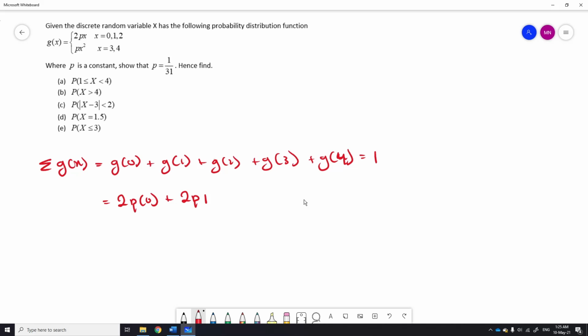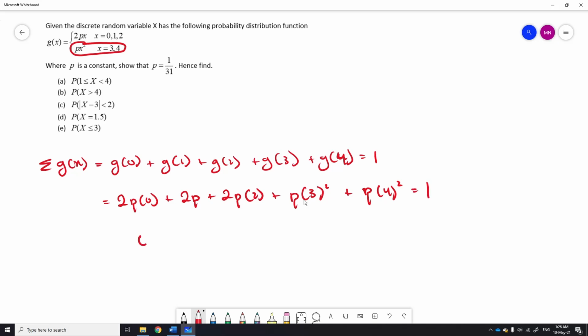Okay, so 2p1 just means equal to 2p, plus 2p2 and plus p3 square. This one is p x square, so we use this one, starting from x equal to 3 and x equal to 4, p4 square, equal to 1.